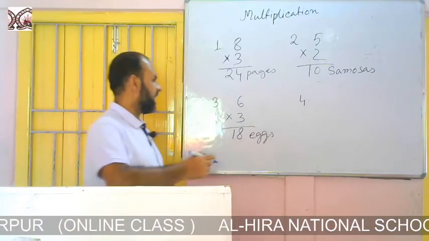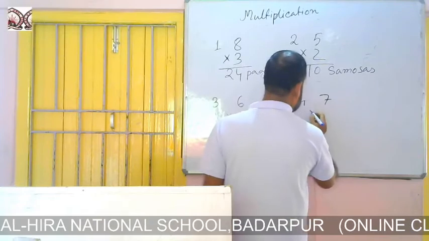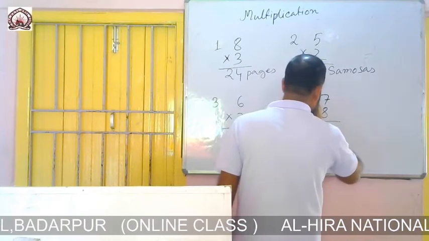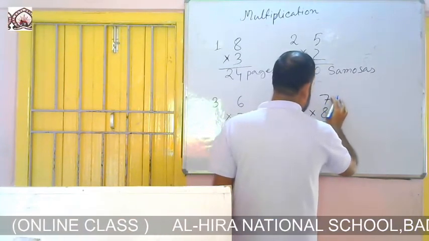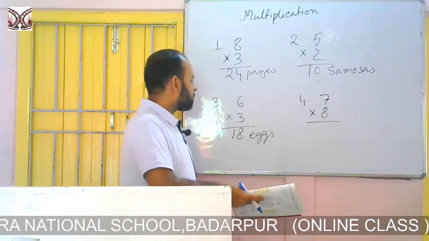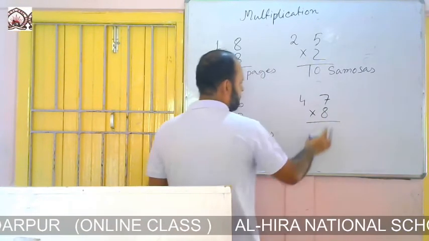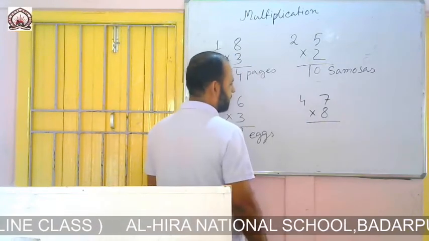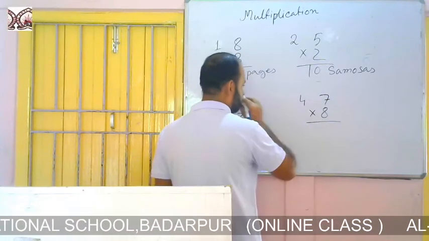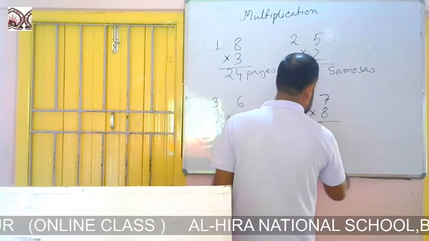So here we count either table number 7 or 8. 7 1 is 7, 7 2s are 14, 7 3s are 21, 7 4s are 28, 7 5s are 35, 7 6s are 42, 7 7s are 49, 7 8s are 56.